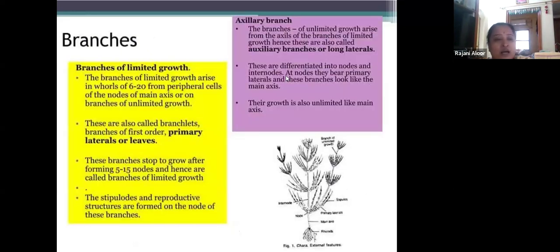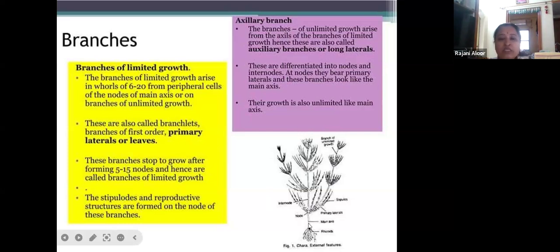Next, the Chara branches. See, this is the Chara picture, the external feature of Chara. The bottom is called the rhizoids. This one is the main axis. In the main axis, two types of branches are there.